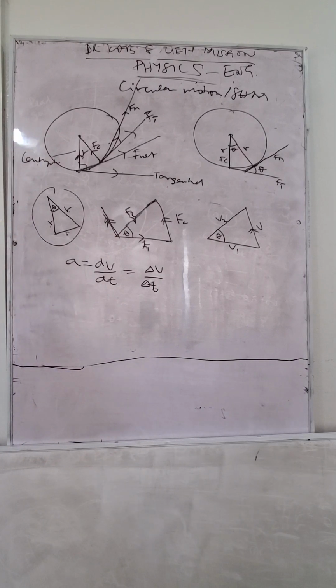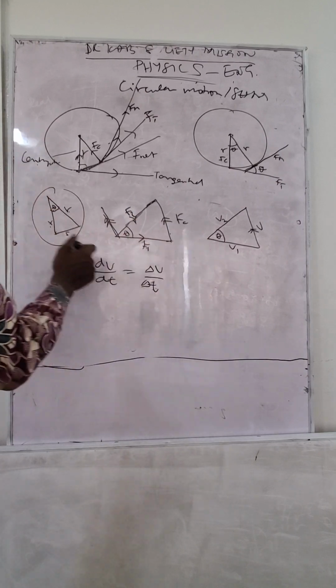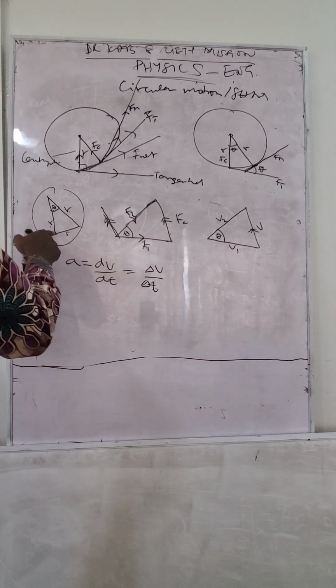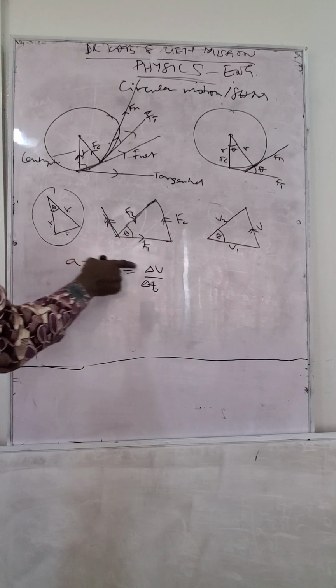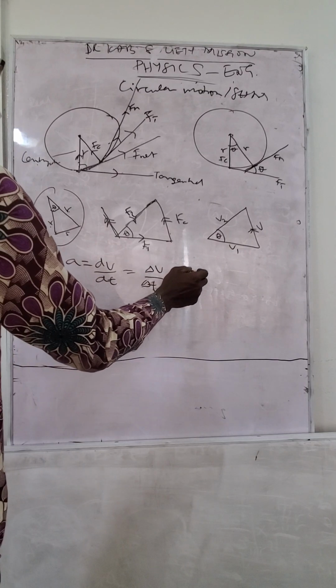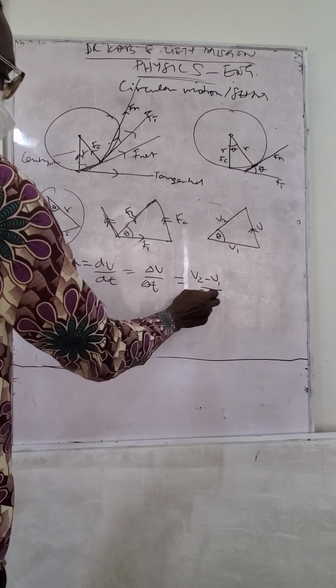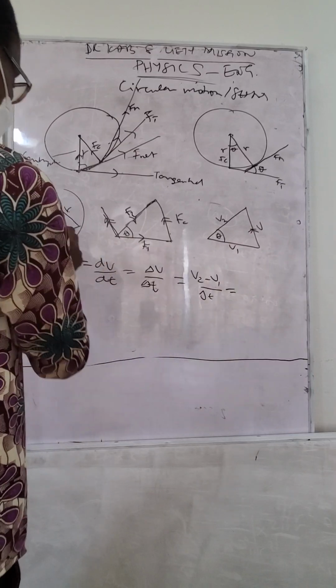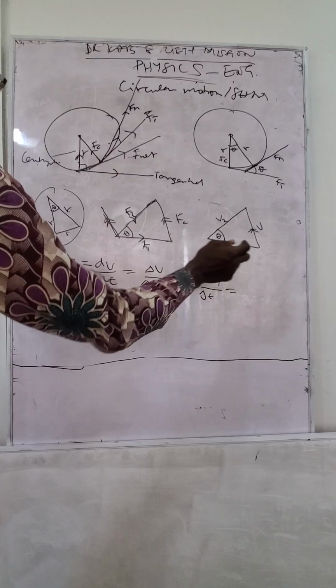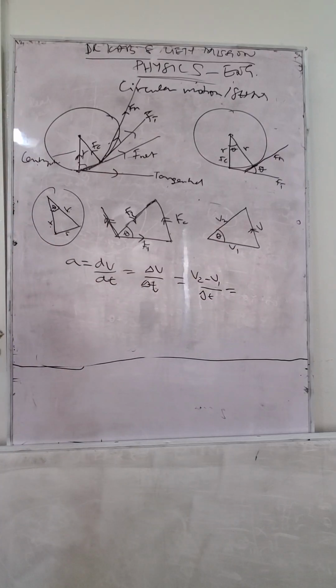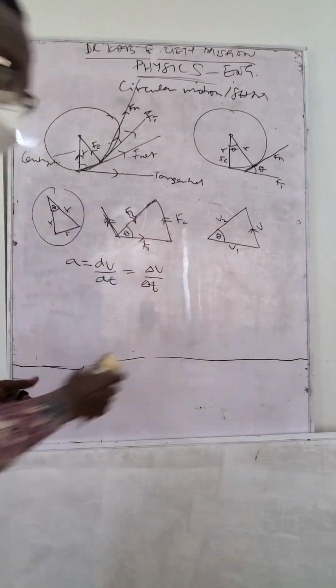So far as we have these two, we can then look at the relationship. We have expressed this in V. So our change is this, and that is the same as saying V2 minus V1 over change in t. But let's look at this from this angle.